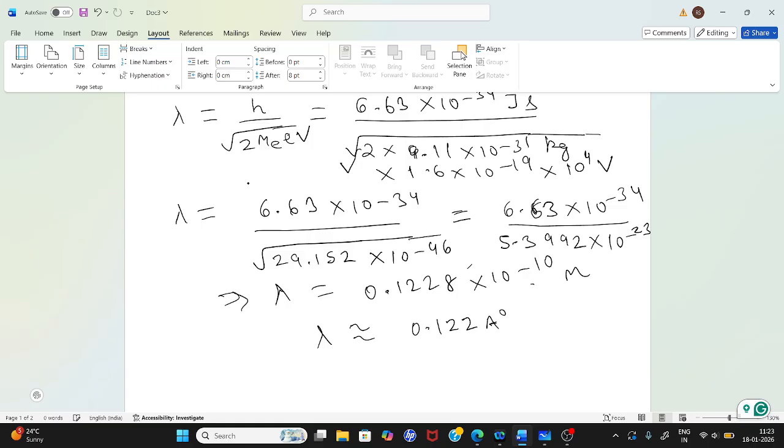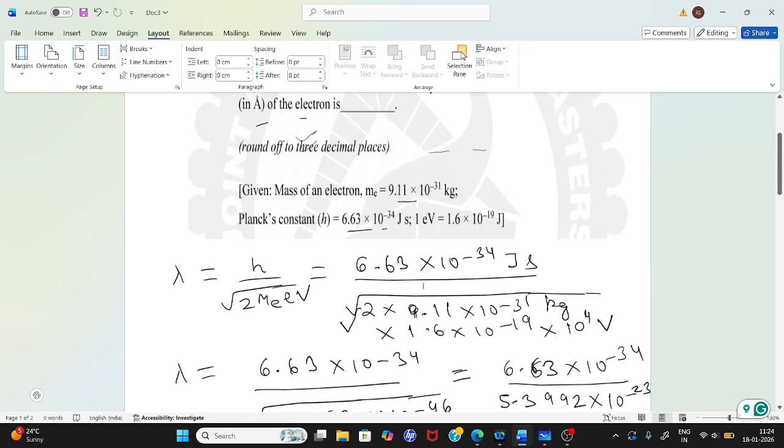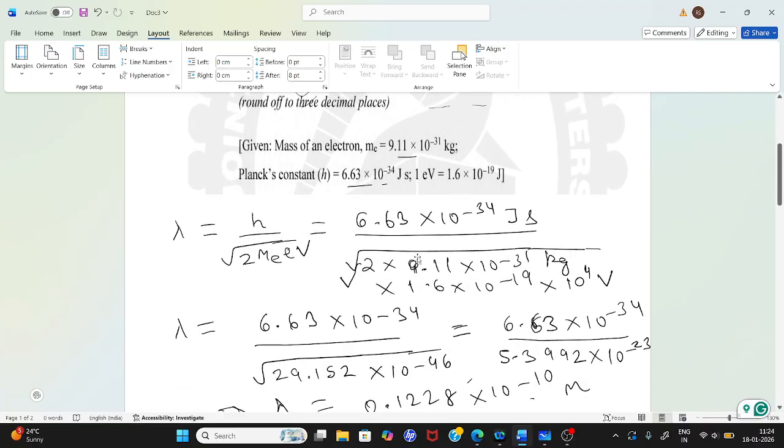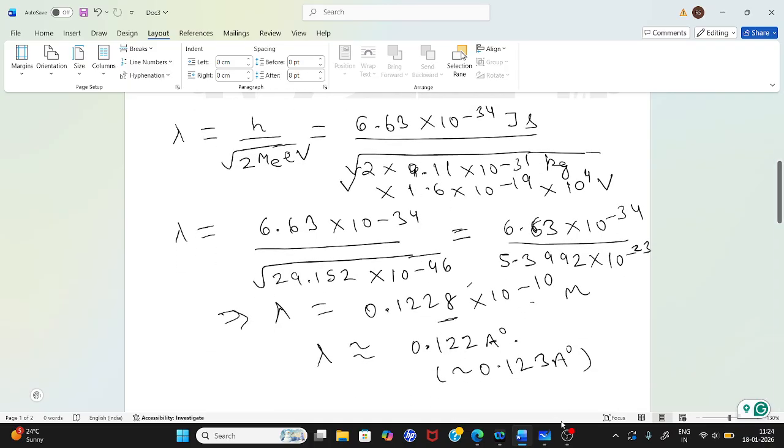It's a numerical answer type, and the question says to answer up to 3 decimal places, so you can also write it as almost equal to 0.123 angstrom if you're rounding off, because 0.1228 rounds to 0.123. There's a very wide range for such questions, so you don't need to worry. If you solve properly, you will get it in the desired range.